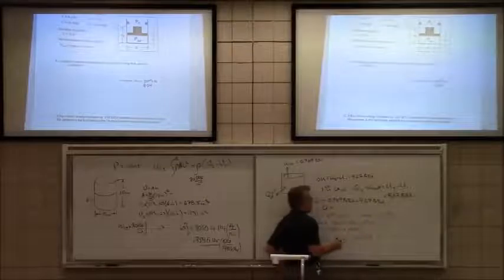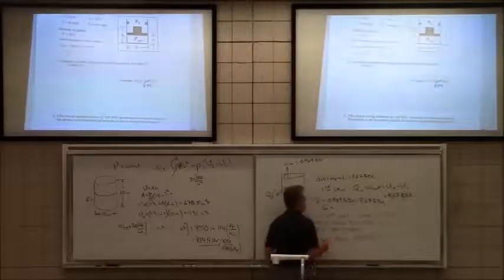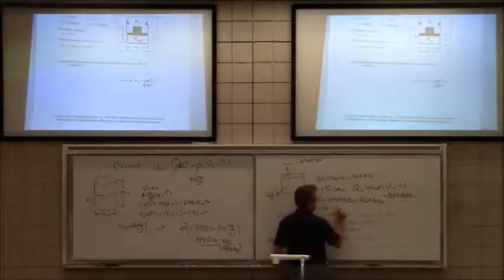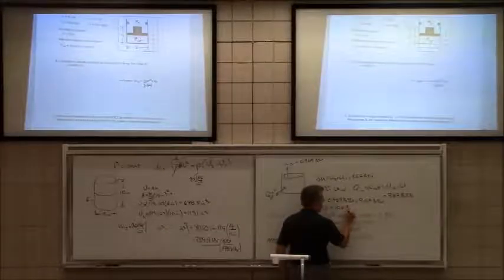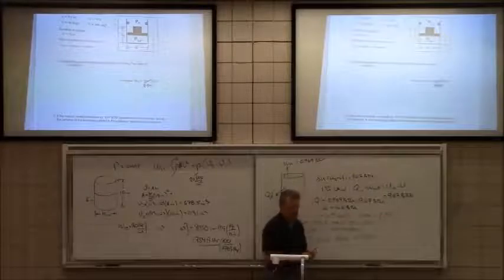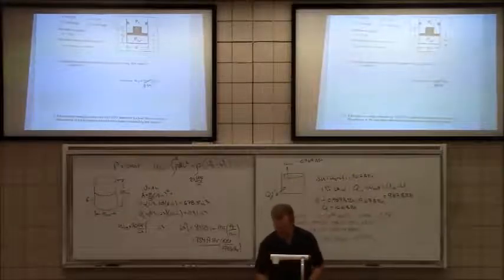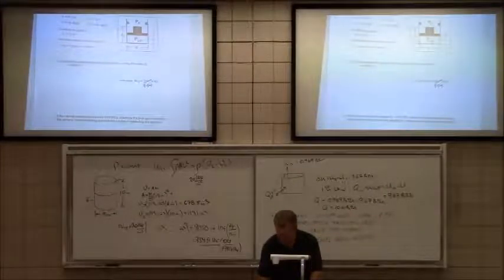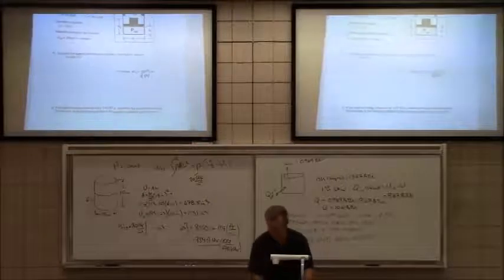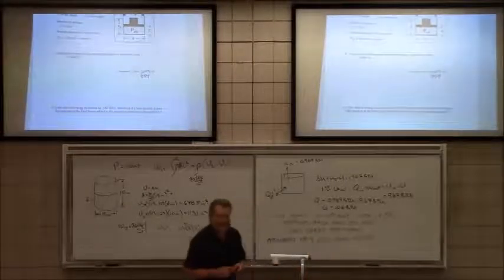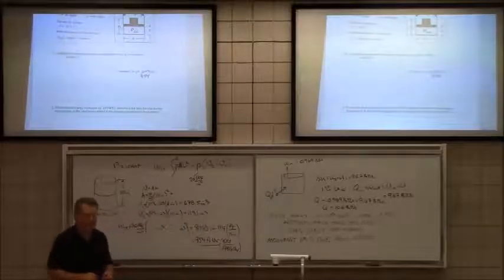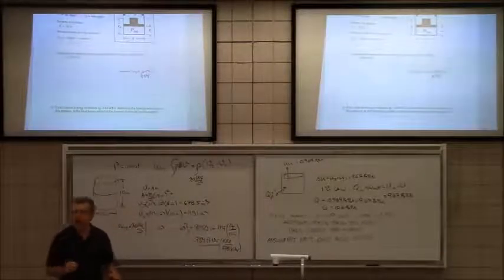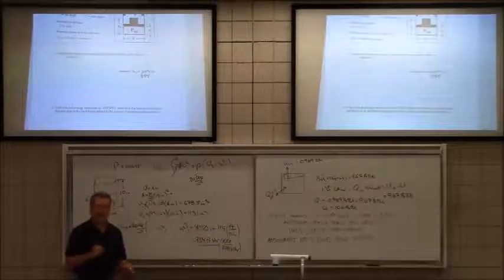Q comes out to be 10.6 BTUs. And this comes out to be positive. Is that heat into or out of the system? If the heat is positive, is that heat in or heat out?